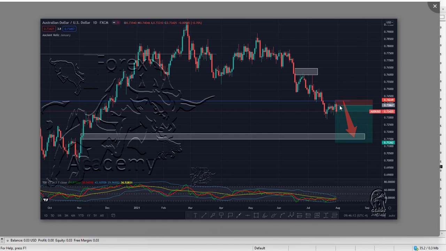And what I can tell you is that we might see the market drop into this zone, guys. This is where you should be looking for your first target, and then this one should be your second target, and then here might be your main target.